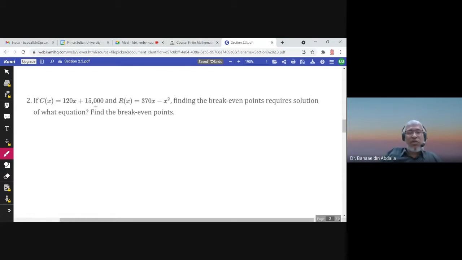Well, the cost here is not degree 2, it's linear, and the revenue is degree 2. Finding the break-even point requires solution of what equation? Well, we solve this equation, R(x) equals C(x) or C(x) equals R(x). Find the break-even points.